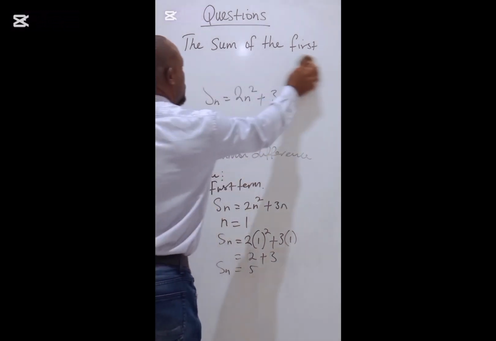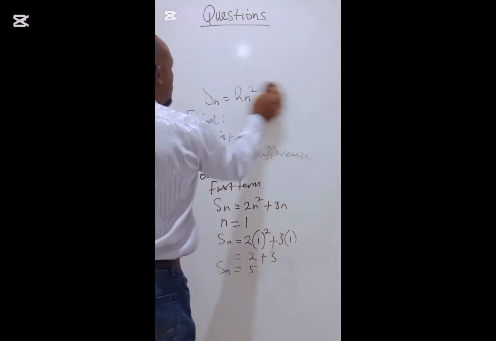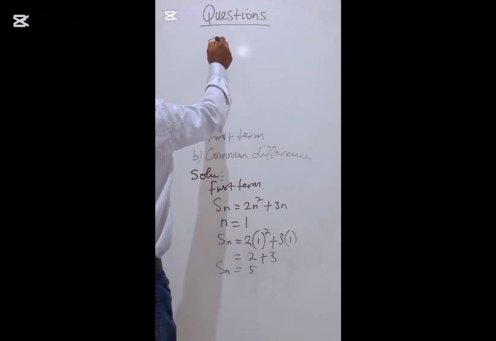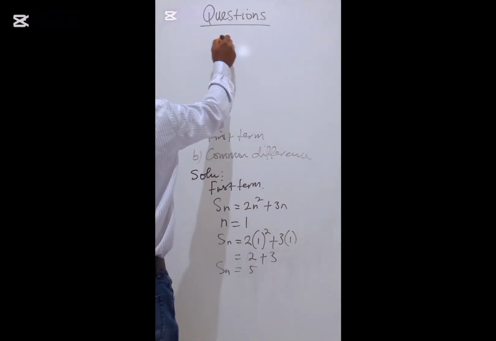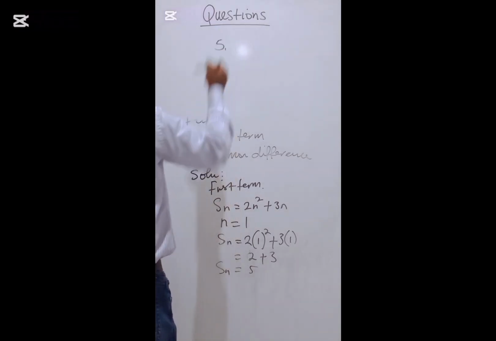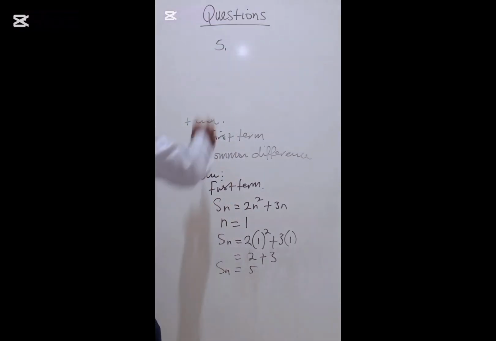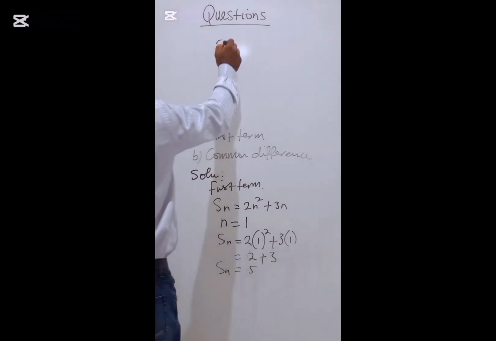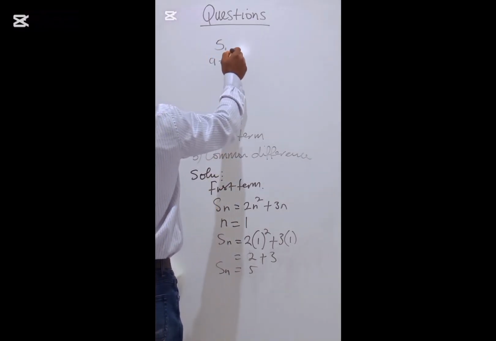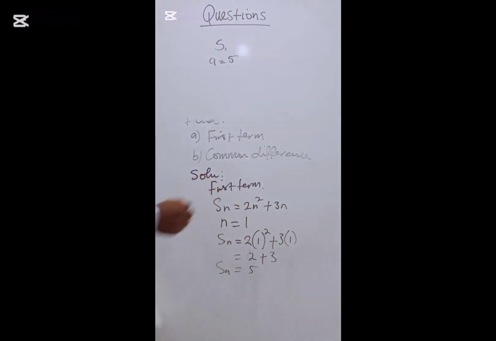If the sum of the first term is 5, the first term of the sequence, which is the only number we know in the sequence, is 5. So we are going to assume that 5 is also the first term of the sequence.